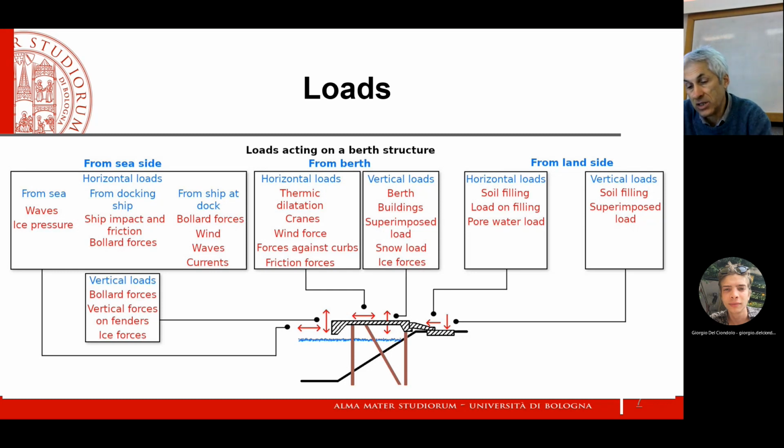Okay. Of course, the piles, while they can bear very easily the vertical loads, are weaker if forced by a horizontal load. Now, seaside, horizontal loads from sea, like waves, the waves can originate a horizontal load, or ice pressure.